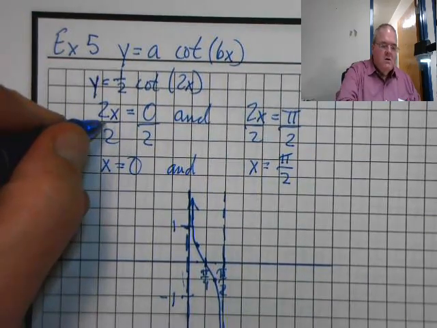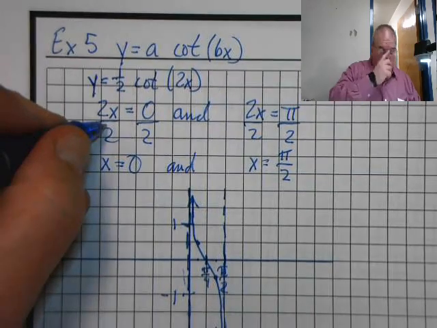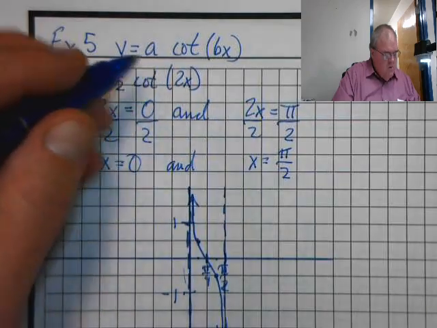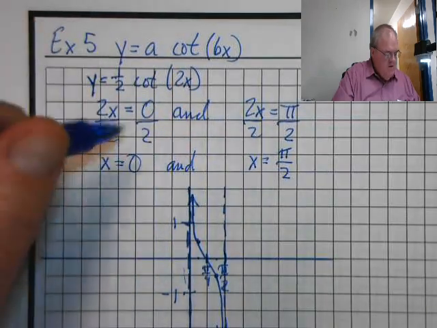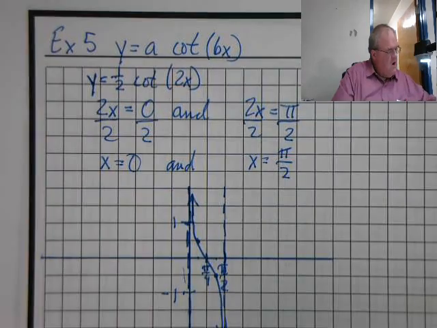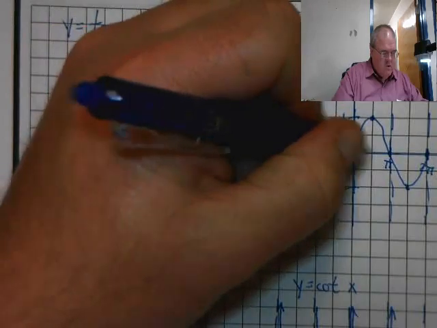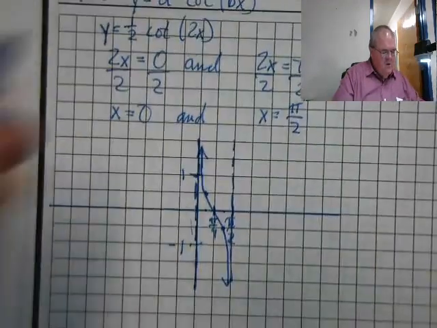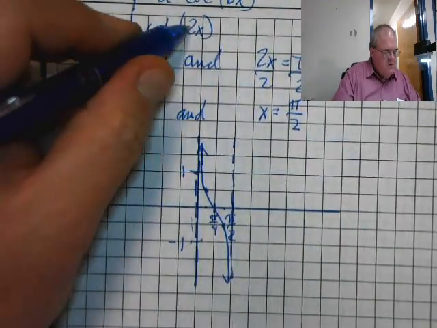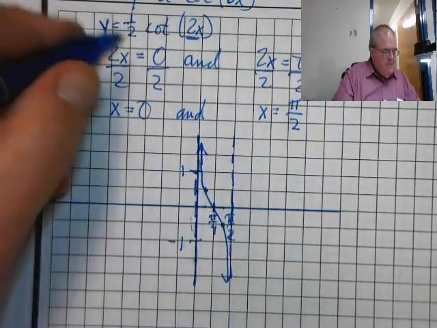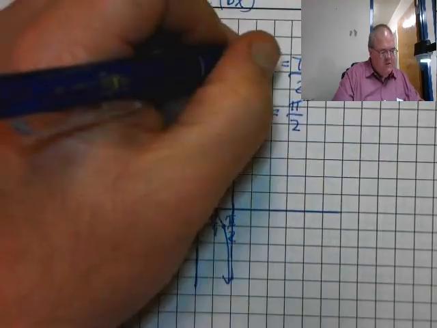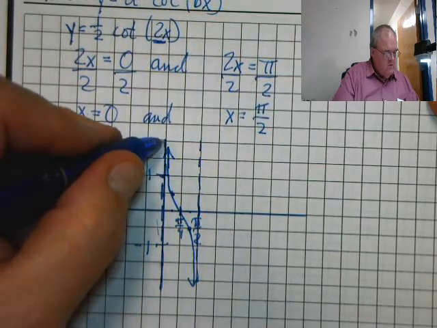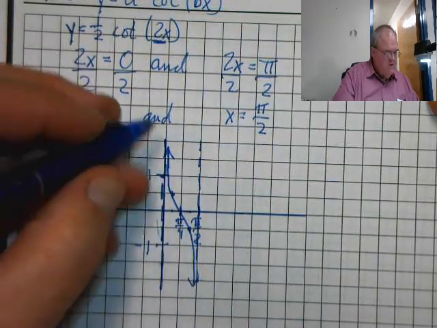And what we realized was that instead of negative pi over 2 and pi over 2, we had to use 0 and pi for where our cotangent hit, because that's where our 0 points are. So we said 2x equals 0, because bx is right there. And we divided by 2, we got x equals 0. We said 2x equals pi. We divided by 2, and we got x equals pi over 2. So at 0 and pi over 2, we drew our asymptotes.